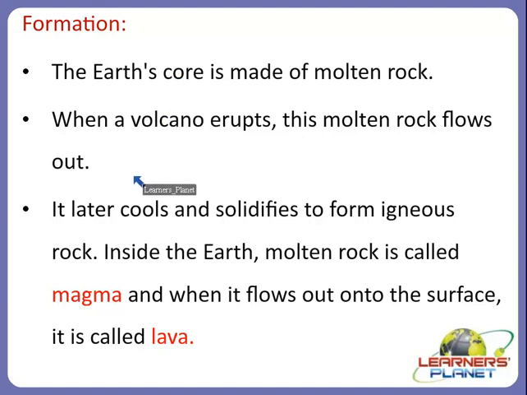Whenever it flows out, it cools down after some time and solidifies to form rocks which are known as igneous rock. So we can say that inside the earth, that is the earth's core, molten rock is called magma because it is liquid in state, and whenever it flows out onto the surface, when it erupts out, it is called lava.